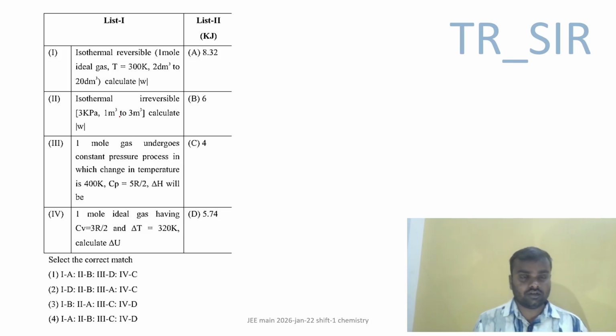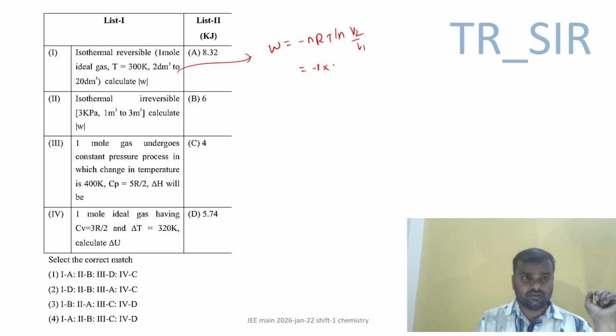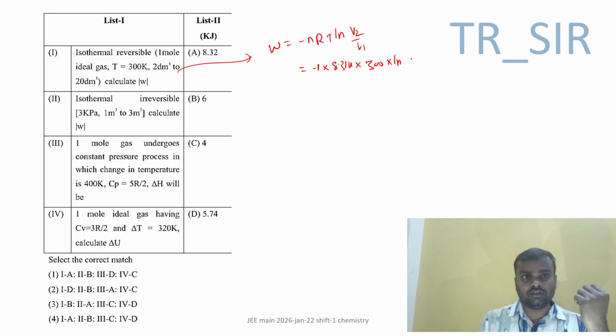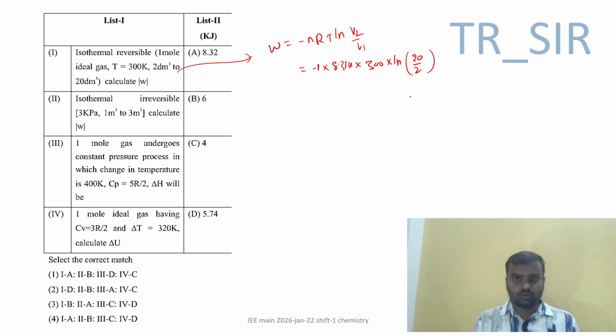Now the next question we have is matching condition. Isothermal reversible work done: W is equal to minus nRT ln V2 by V1. n they gave as 1 mole, R, if not given, take 8.314 joule, temperature 300 Kelvin, into ln V2 by V1, which is 20 by 2, decimeter cube meaning liter cube, so the units cancel out.